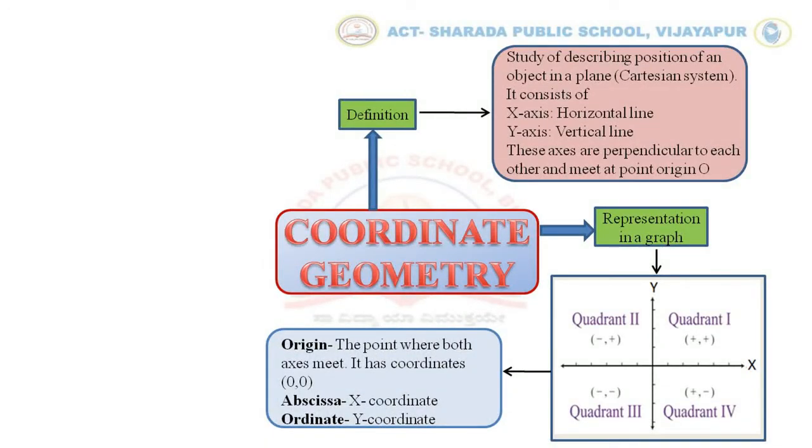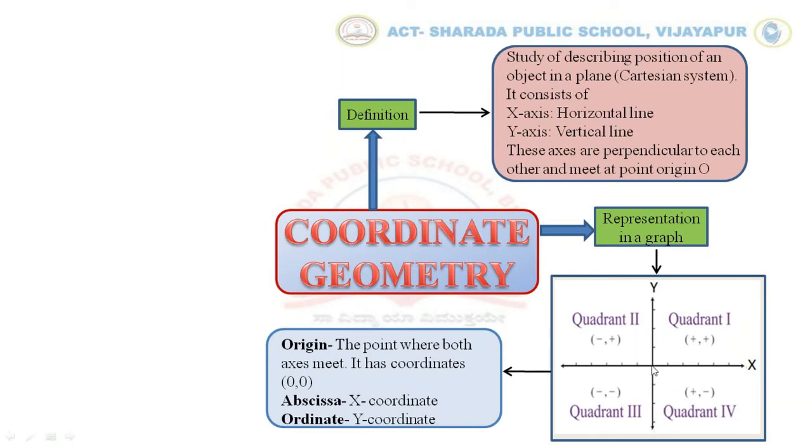We have to note here that the origin, the point where both the axes meet, has the coordinates 0 and 0. The coordinates of the origin are 0, 0, because on the x-axis this is 1, 2, 3, 4, this is minus 1, minus 2, minus 3, minus 4, and on the y-axis it is 1, 2, 3, and minus 1, minus 2, minus 3.